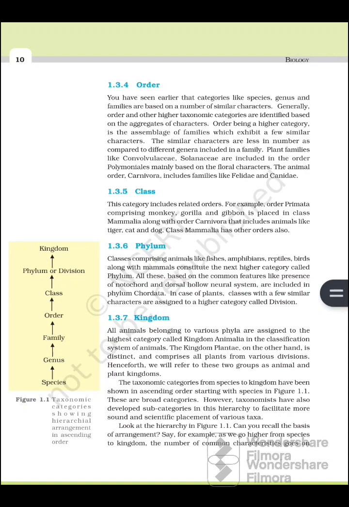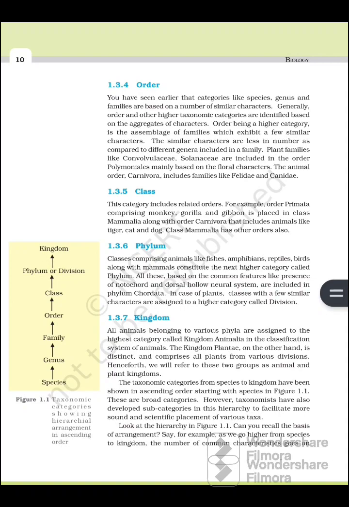Topic 1.2.7 Kingdom. All animals belonging to various phyla are assigned to the highest category called kingdom Animalia in the classification system of animals. The kingdom Plantae, on the other hand, is distinct and comprises all plants from various divisions. Henceforth, we will refer to these two groups as animal and plant kingdoms.